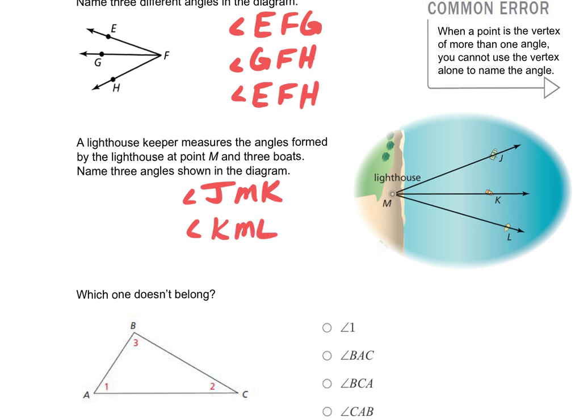And finally, the last one? JML. Good. Okay. And once again, M is in the middle. They all share M, but they're all 3 different angles as well. And if you reversed the order, we'd still be okay.